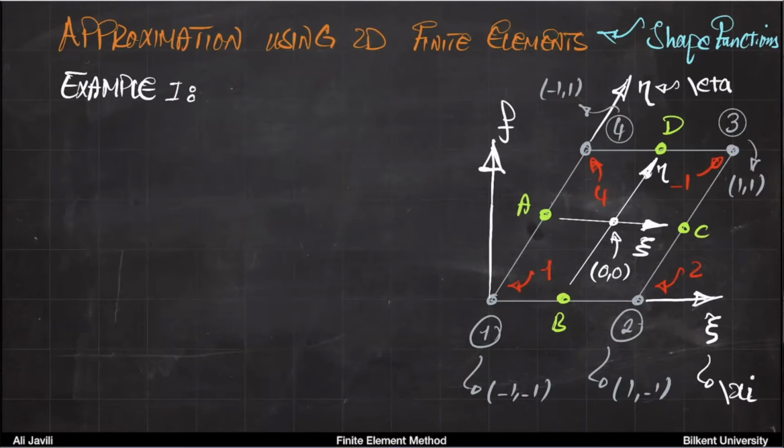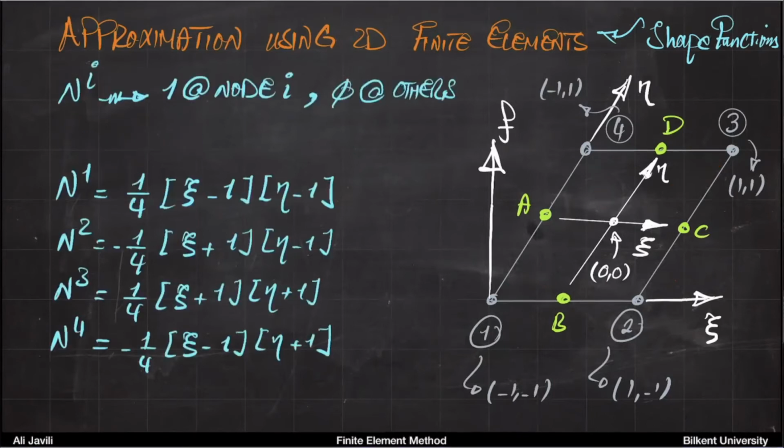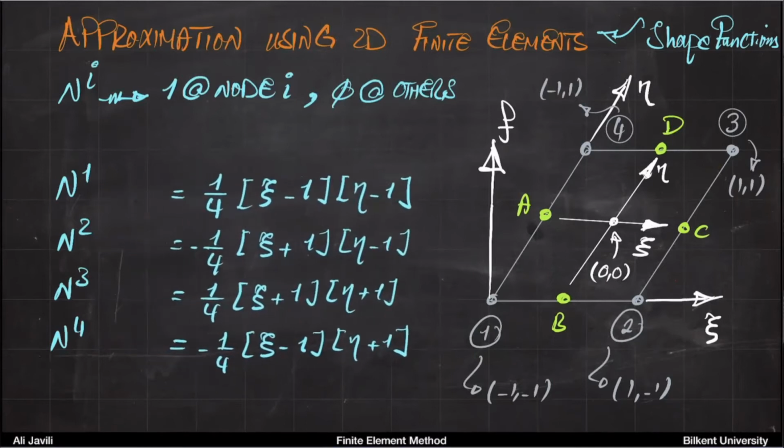Now, as we just learned together, f in terms of xi and eta would be N1. Remember, N1, N2, N3, and N4 are all functions of xi and eta, right? So using them allows you to express your functions in terms of xi and eta. So this is a function of xi and eta only.